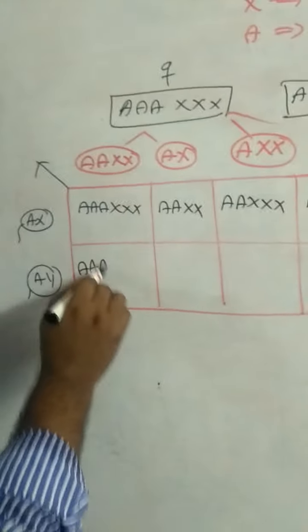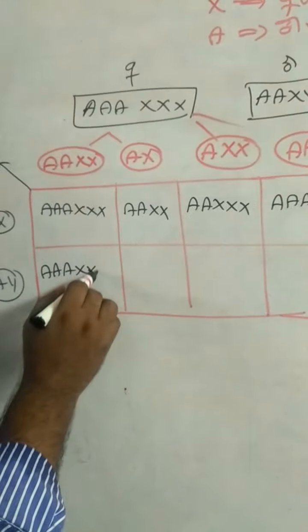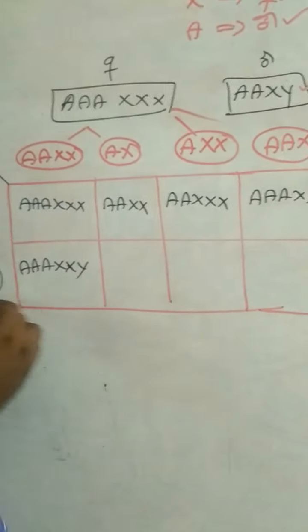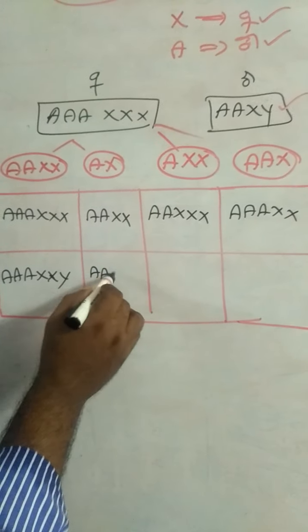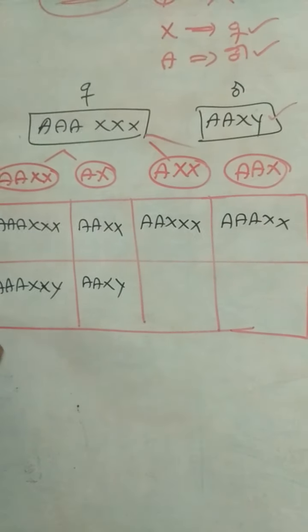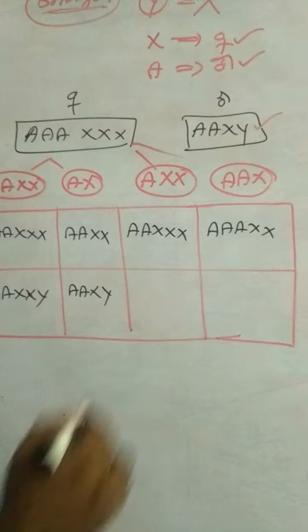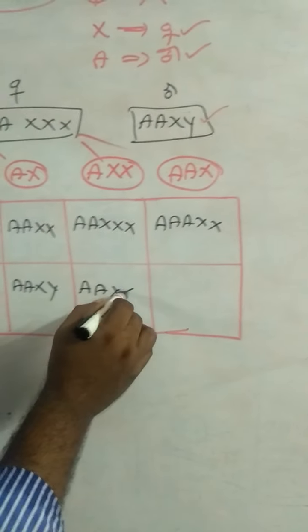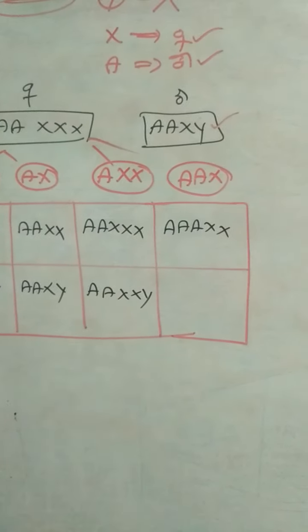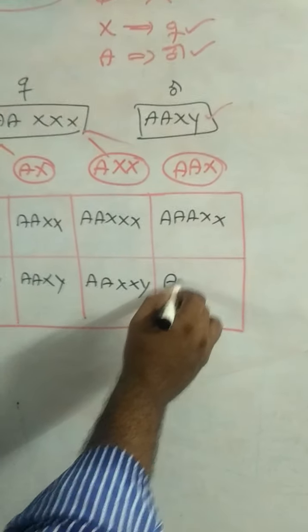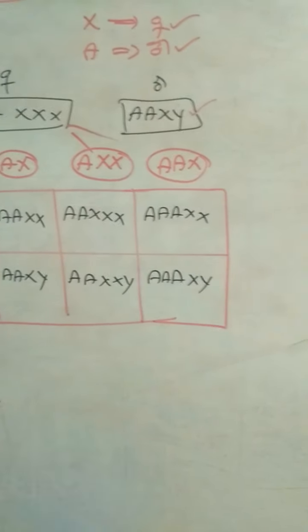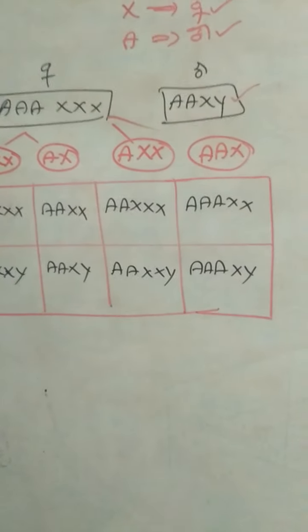Then 3 autosomes XXY, 2 autosomes XY, 2 autosomes XXY, and last, 3 autosomes XY.